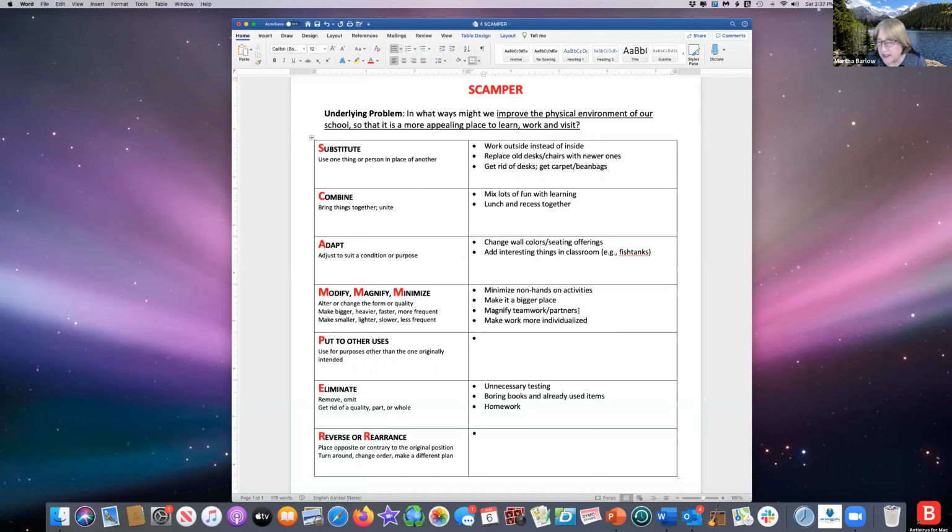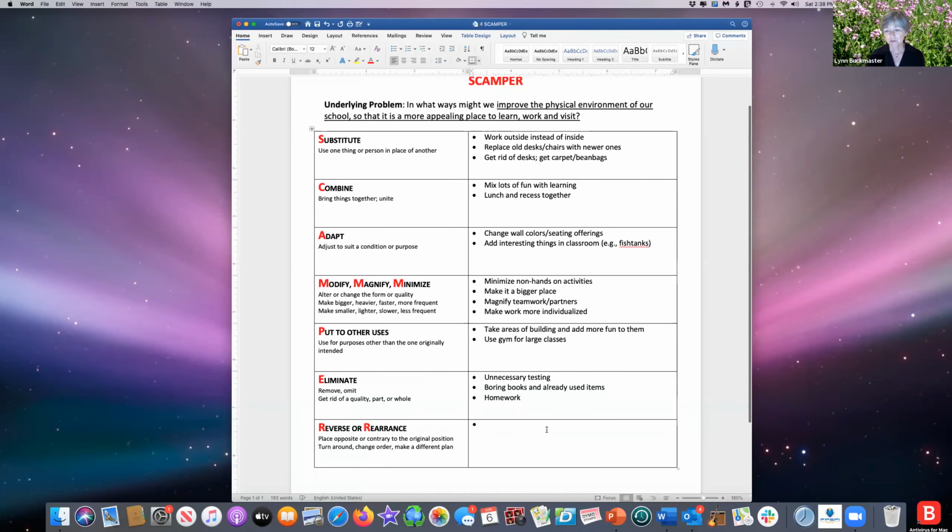Put to other uses. Take areas of the building and add more fun to them. Put to other uses. Use the gym for large classes so they feel less cramped. I don't see any R's, but that's okay.